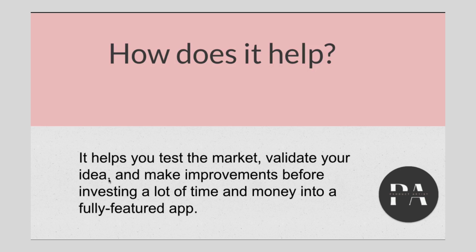How does it help? It helps you test the market, validate your idea, and make improvements before investing a lot of time and money into a fully featured app. And that's true. You cannot launch a perfect product because you don't know if it is a perfect product or not, because the users might not want it.